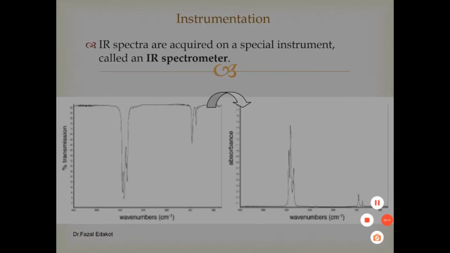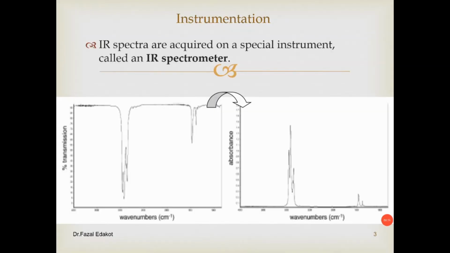See here, if you look at this spectra, here percentage of transmission is along one axis, and here it is absorbance along the same axis. Here wave number is the same everywhere. And here, if you see, the transmittance is directing downward, whereas absorbance is directing upward.